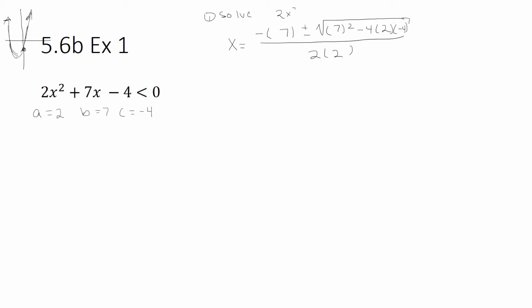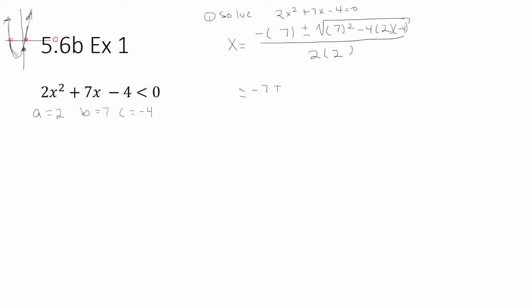So what I did was I actually just set this equal to 0 in order to solve it. You should know by now that what we're going to find at the end are the points where our parabola crosses the x-axis, because that's where y is equal to 0. So let's go ahead and solve for those numbers, find those points.